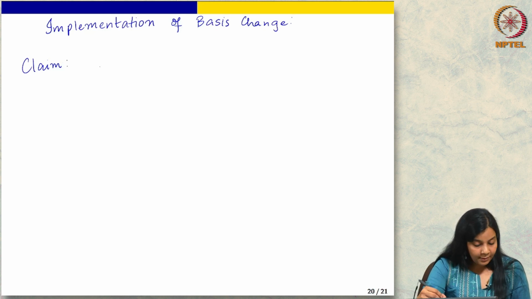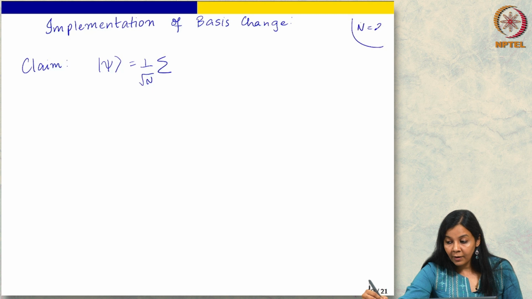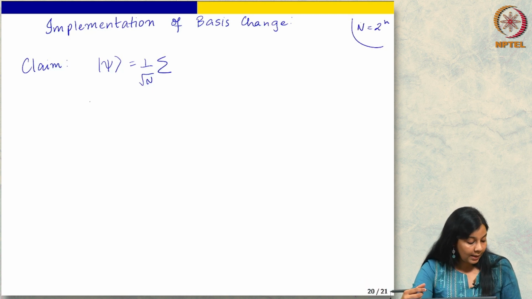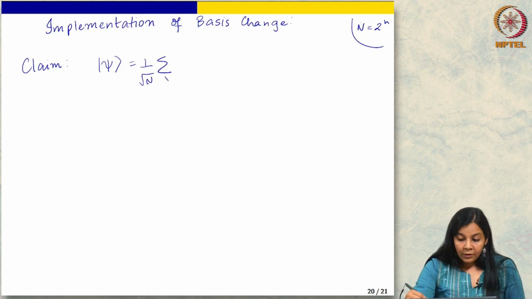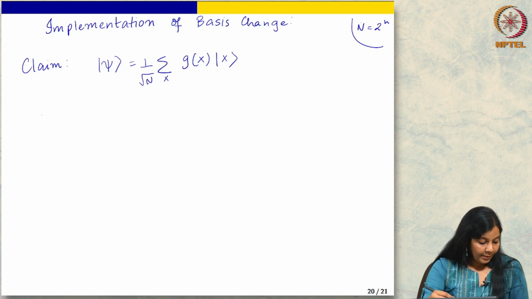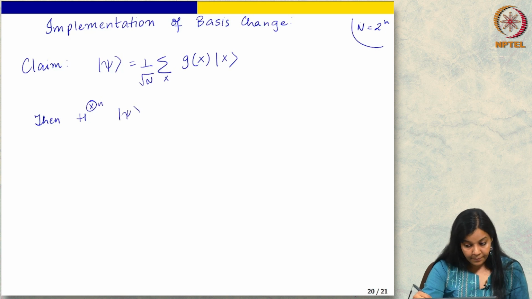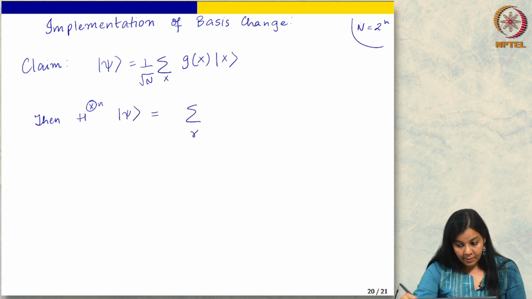So the claim here is that if I consider any psi, which is 1 over root N, where here I am thinking of capital N as 2 to the n, just to simplify notation a little bit, summation over x of g of x, then H of psi is this.